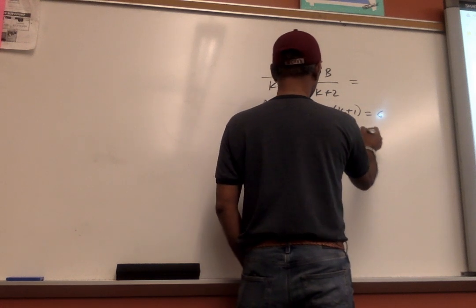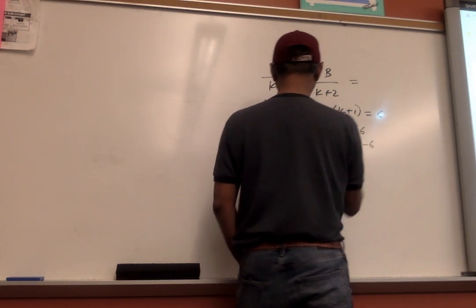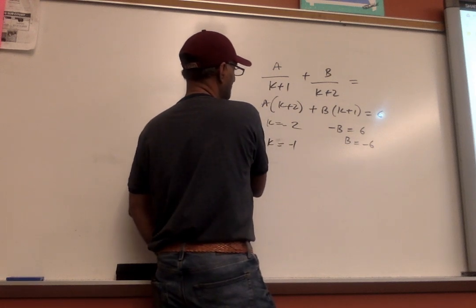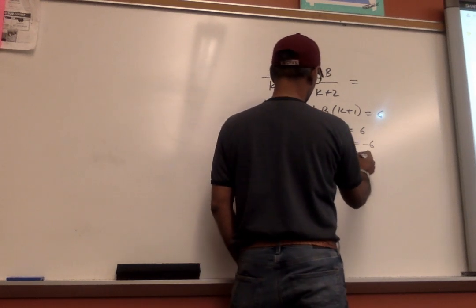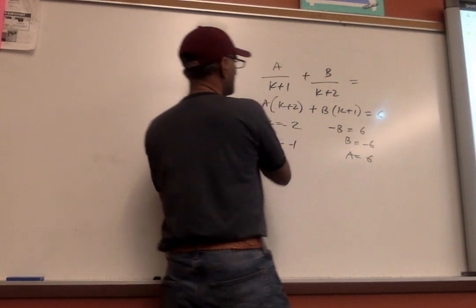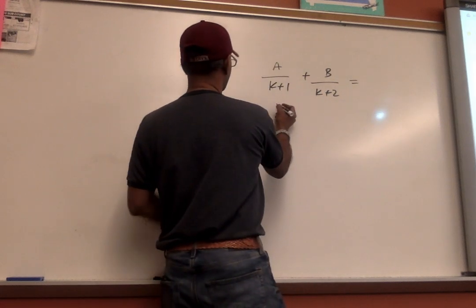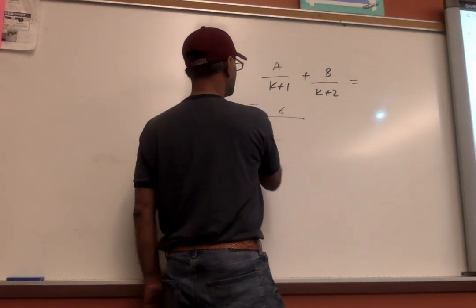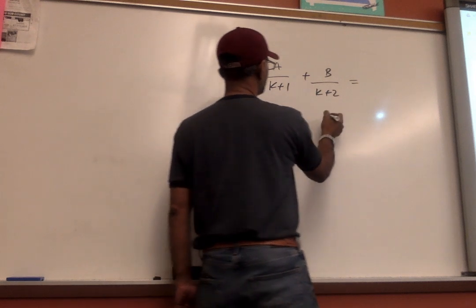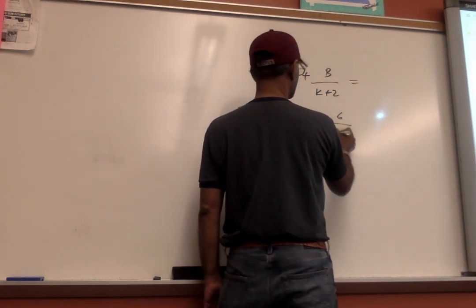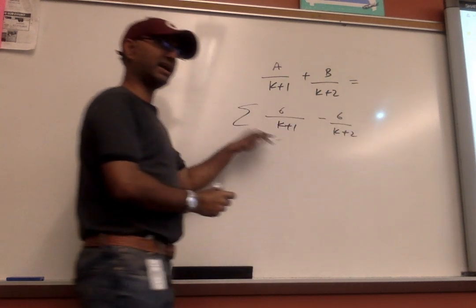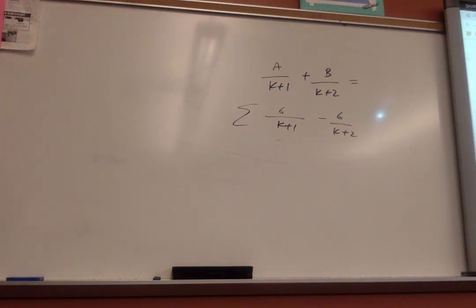Negative B equals 6, so B equals negative 6. If I plug in negative 1, the second term collapses. A equals 6. So I'm going to rewrite this as the summation of 6 over k plus 1 minus 6 over k plus 2. Somebody confirm that A is 6 and B is negative 6, or is it the other way around?